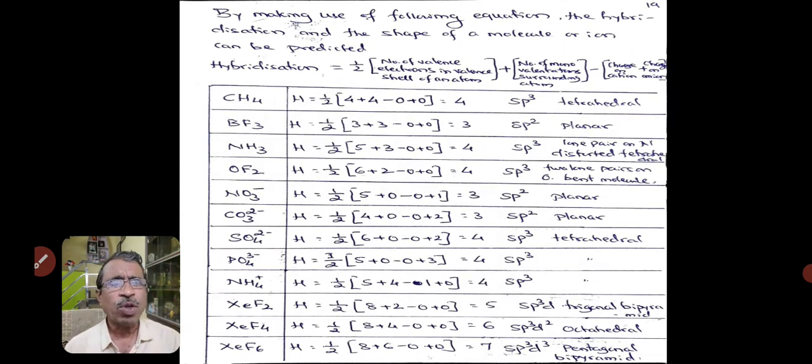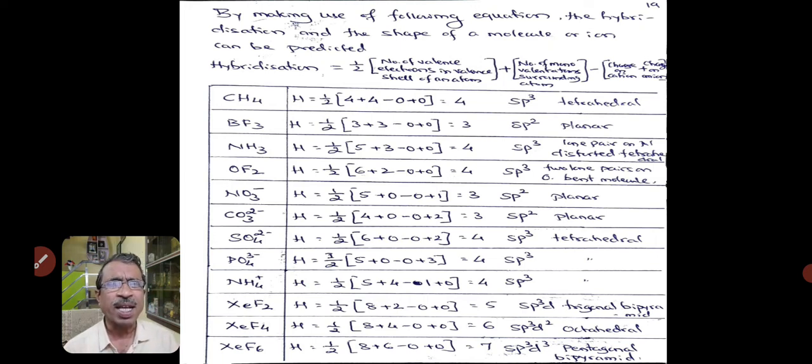Now, as I have told you about the prediction of hybridization, hybridization can be predicted using the following equation: hybridization is equal to half of the number of valence electrons in the valence shell of the atom plus the number of monovalent atoms surrounding the atom, minus the charge on the cation, plus the charge on the anion.